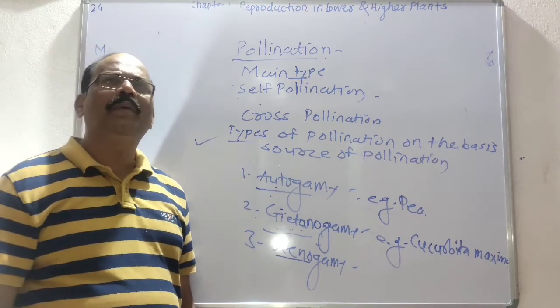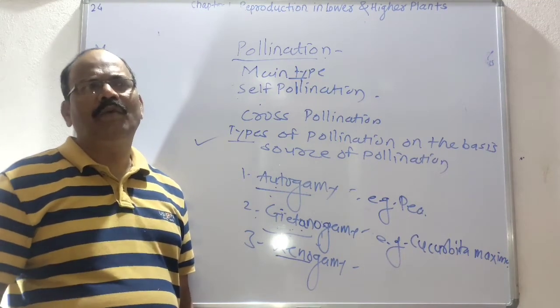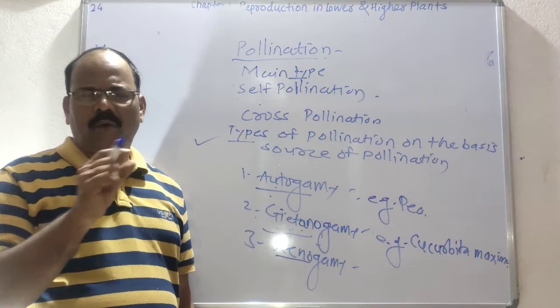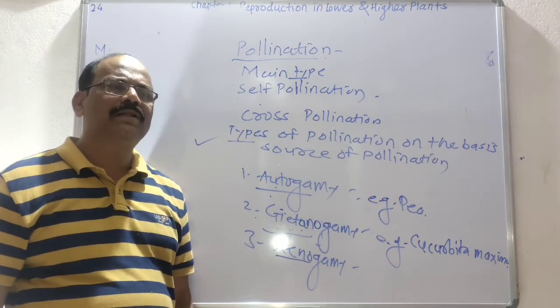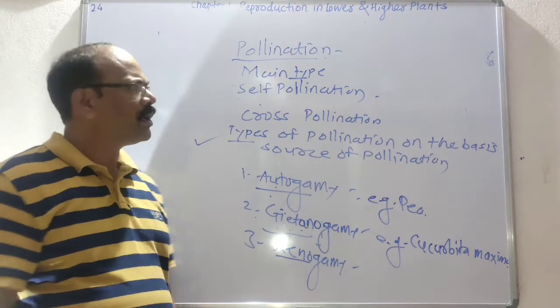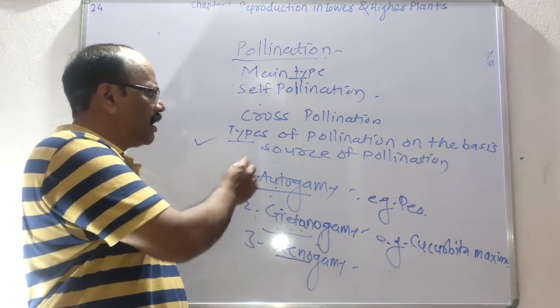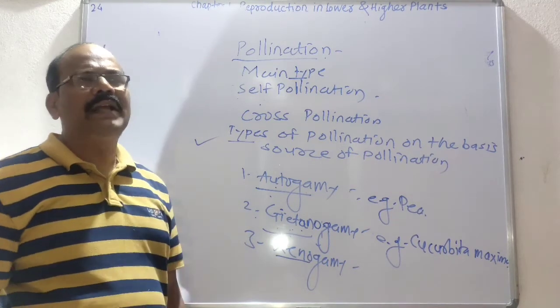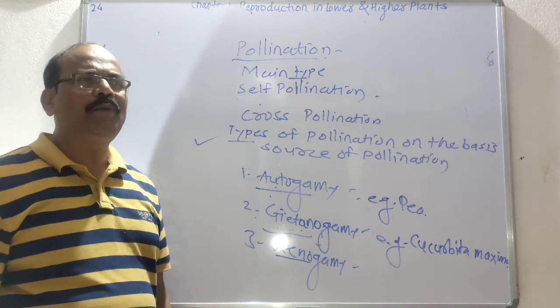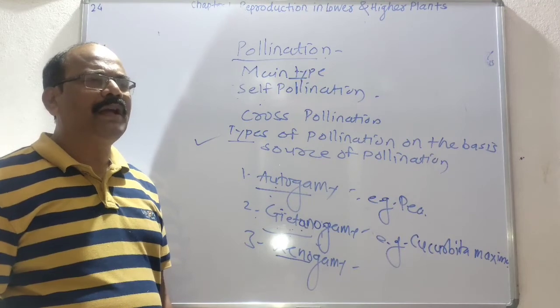Likewise, describe the development of female gametophyte. On that point, so many times in the board there are questions asked. So that point is also important. And the pollinations under sources of pollination, autogamy, geitonogamy, and xenogamy, the definitions and examples are important for the purpose of define the terms.